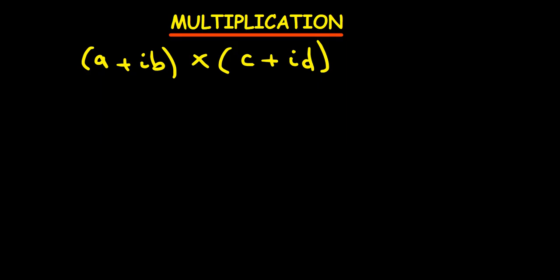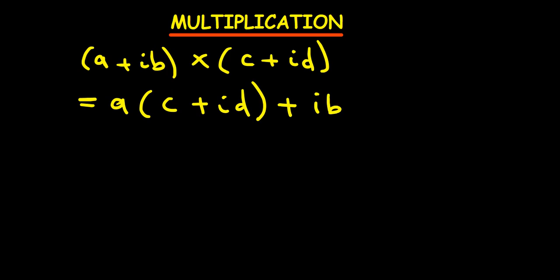So now that is going to be equal to a times c plus id, plus your ib here, then you multiply by the same part, which is c plus id, like that.